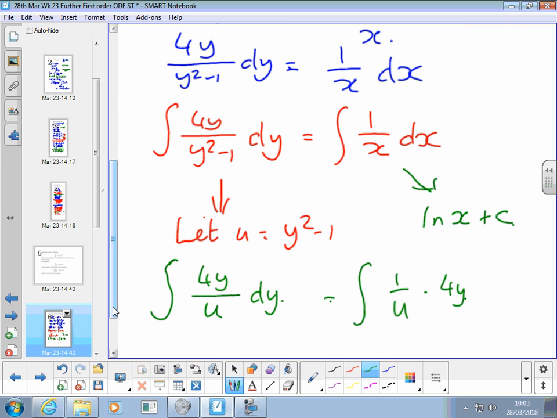So that's where the 2 comes from, isn't it? So if we integrate 4y, what do we do? Add 1 to the power, we're integrating. y squared over 2. So that becomes 2, doesn't it?